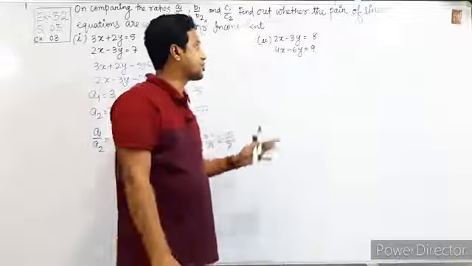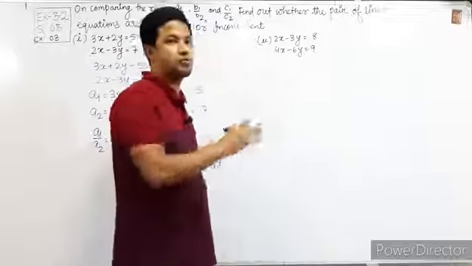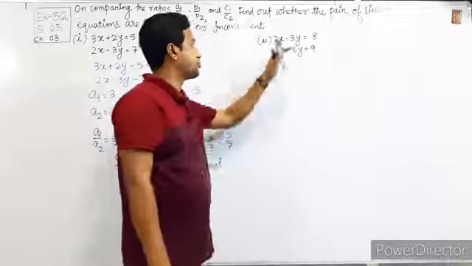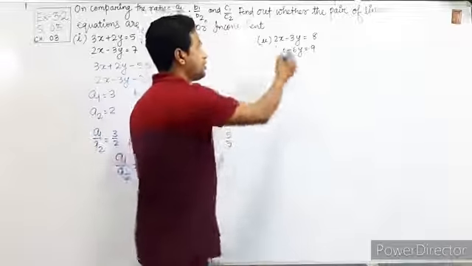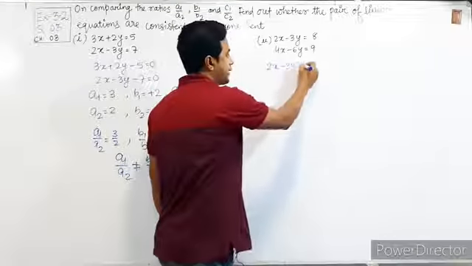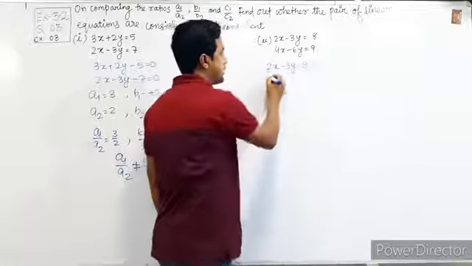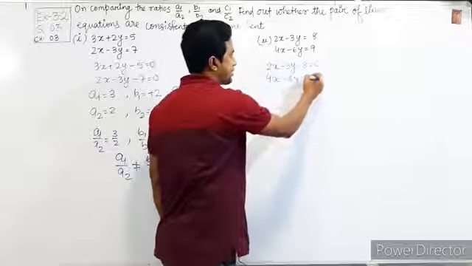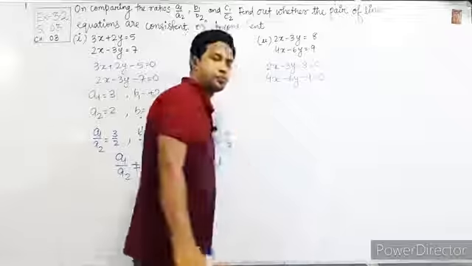In the second question also, first of all we have to make the equation in general form. So this will be 2x minus 3y minus 8 is equal to 0, and this will be 4x minus 6y minus 9 is equal to 0.